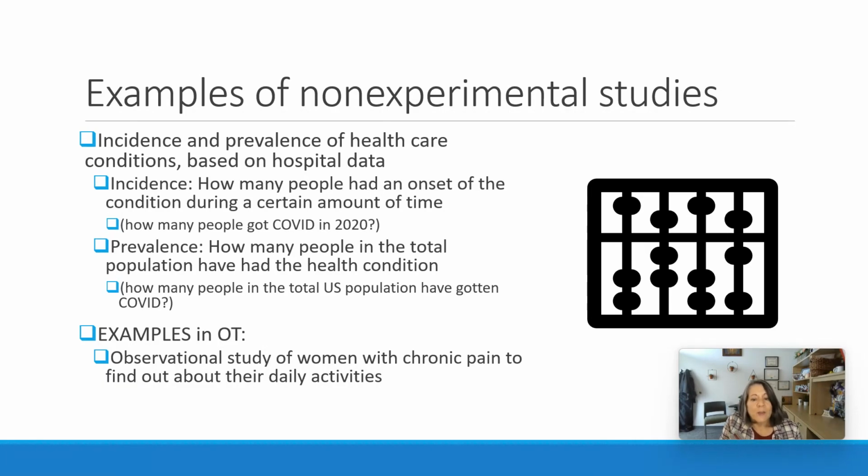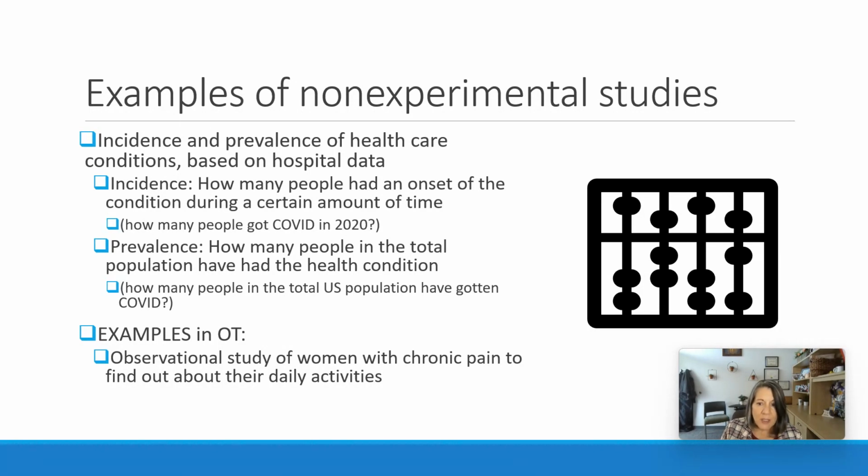An example in occupational therapy might be if we do an observational study of women with chronic pain and we're looking at how often they do particular daily activities, or what's the prevalence of their impairment in daily activities as a result of their chronic pain.